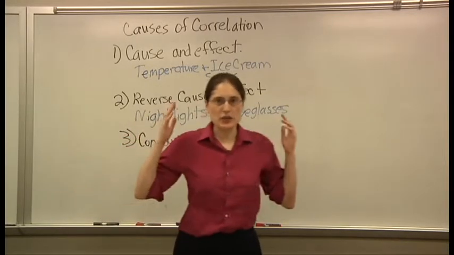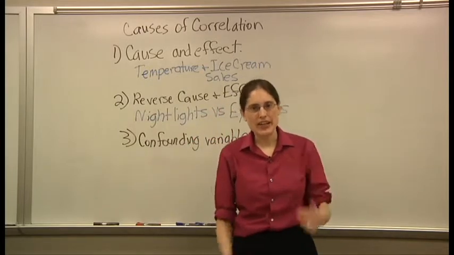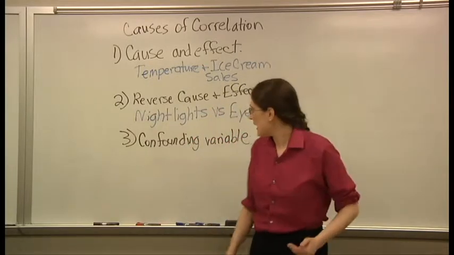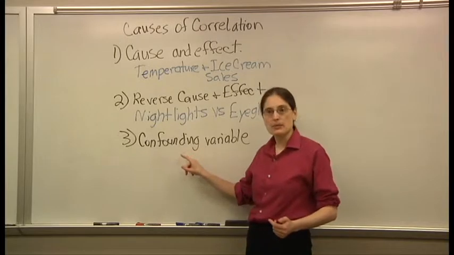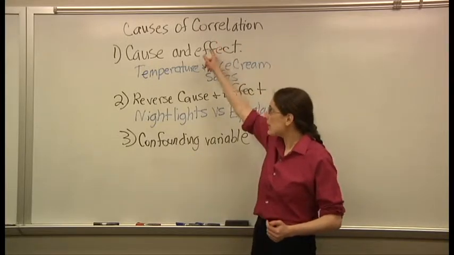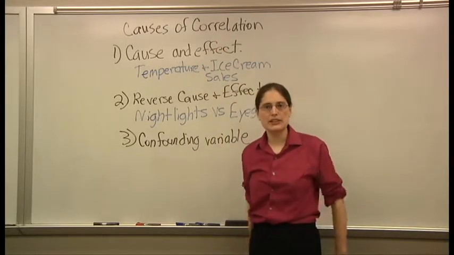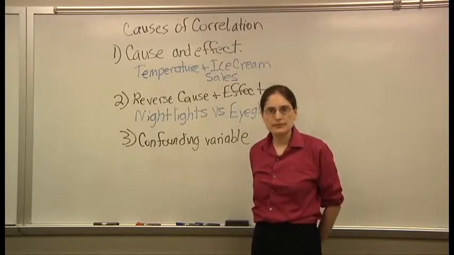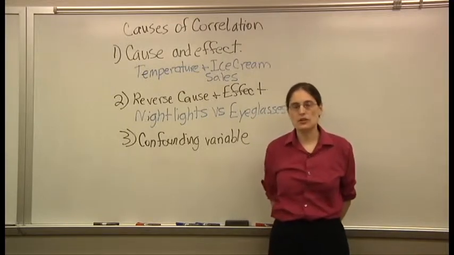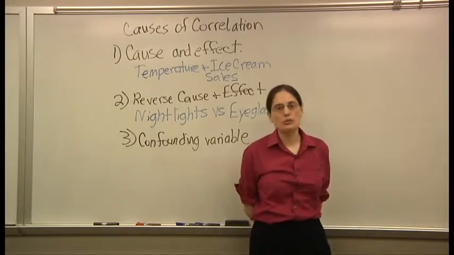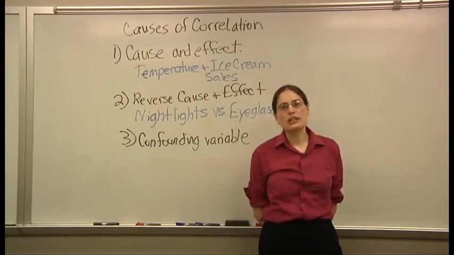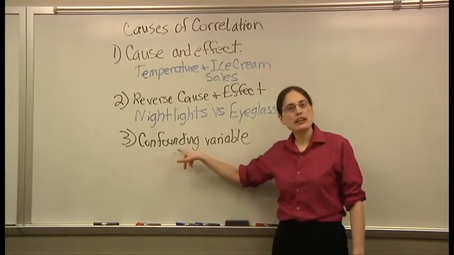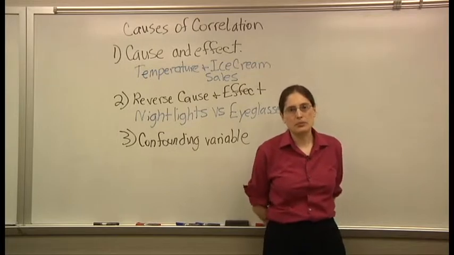It means to make you really confused so you don't have any idea what's going on. And that's what confounding variables do. They mess up our nice, neat cause and effect. Sometimes you think X causes Y, but there's actually a completely different confounding variable going on.